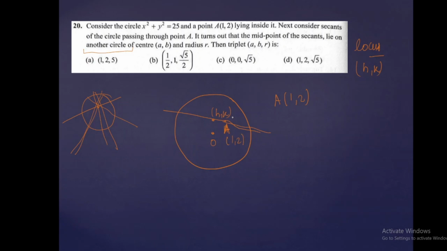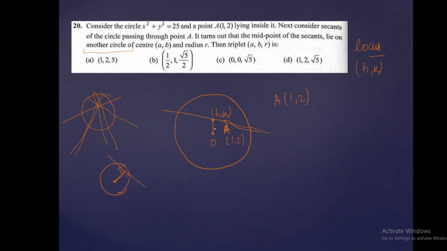All right. So one property of a circle is that the foot of the perpendicular from the center of the circle bisects the secant. Basically, the foot of the perpendicular from the center on the secant line is the midpoint.